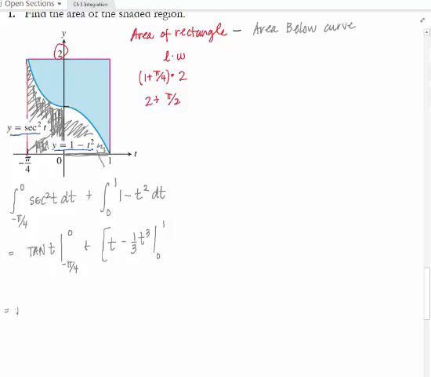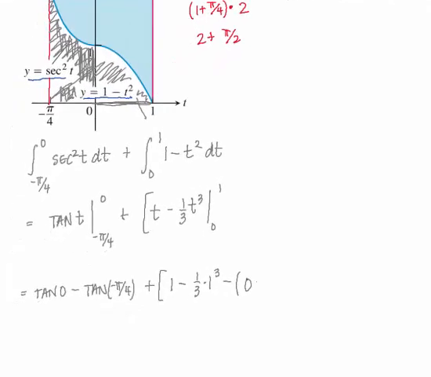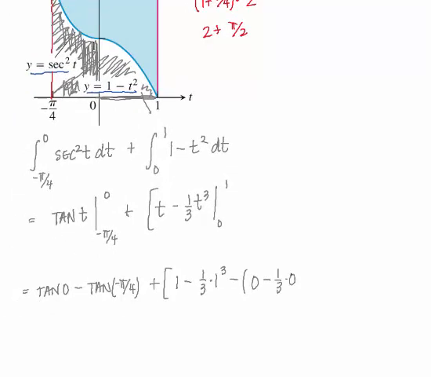So now we'll do it: the tangent of 0 minus the tangent of negative pi over 4, plus this first thing evaluated at 1 minus 1/3 times 1 cubed minus 0 minus 1/3 times 0 cubed. Now we evaluate that. The tangent of 0, that's sine over cosine of 0, is 0.